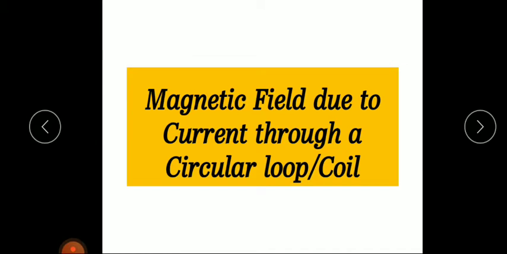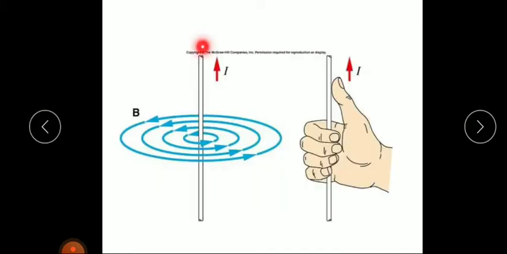Now let us see what pattern of magnetic field lines will be obtained when the current carrying conductor is in the shape of a circular coil or a circular loop. In the case of a straight conductor, we got the magnetic field lines like this.